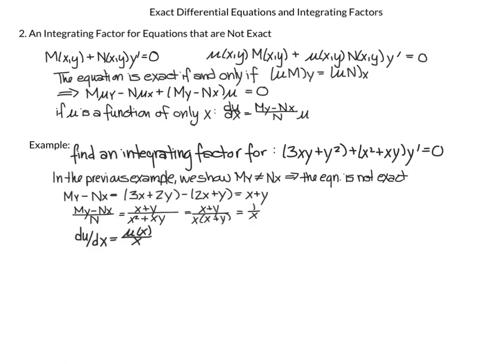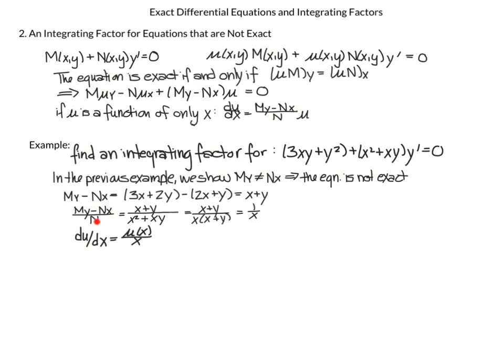I'm going to start by working at the top part of this formula, so M_y − N_x. So here's my M_y. I'll get 3x + 2y minus N_x. So over here, with respect to x, I get 2x + y. I have this, and what I have left is x + y.